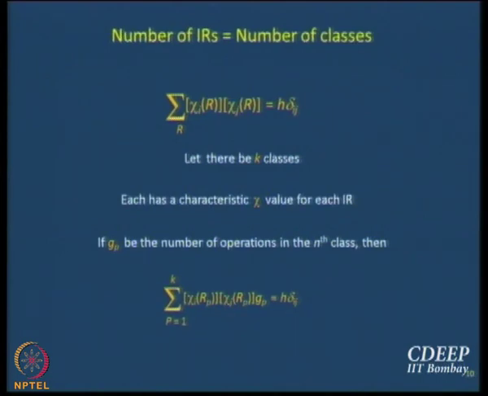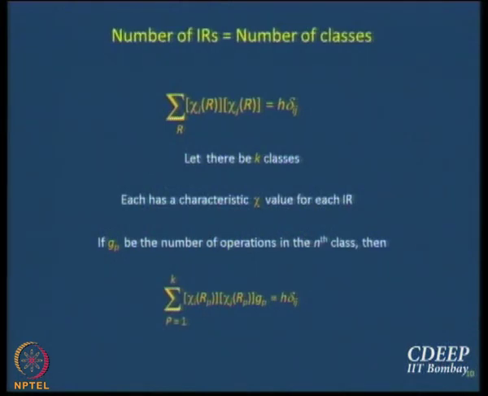Remember the question we asked just before getting into this business of matrices and determinants: how do I know what is the total number of irreducible representations? And this is the answer. The total number of irreducible representations, IR here does not mean inferior or any other thing, it means irreducible representation.